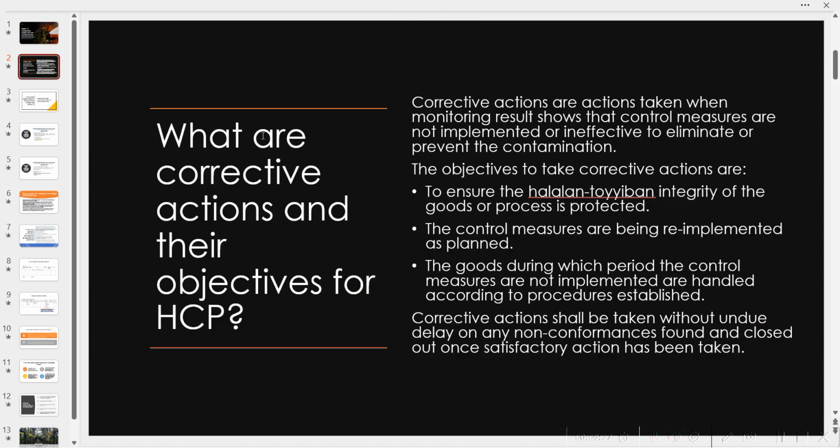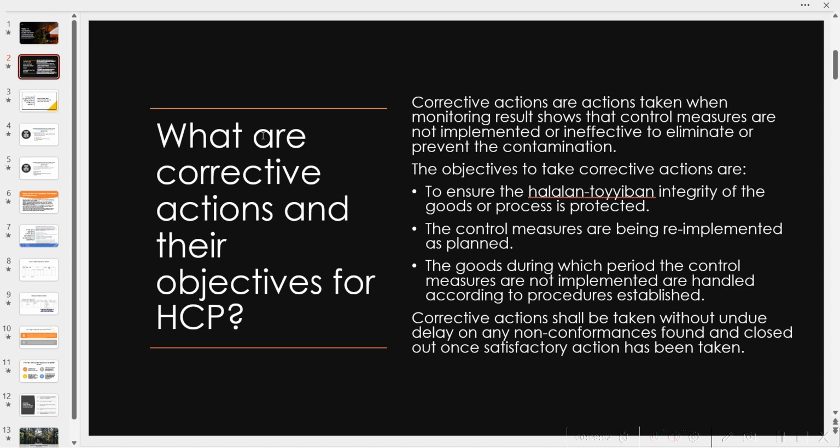Right? So what is the meaning of corrective action and its objective for halal control point? Corrective actions are actions taken when monitoring results show that control measures are not implemented or are ineffective to eliminate or prevent the contamination. Okay, what is the difference between control measures and corrective action?